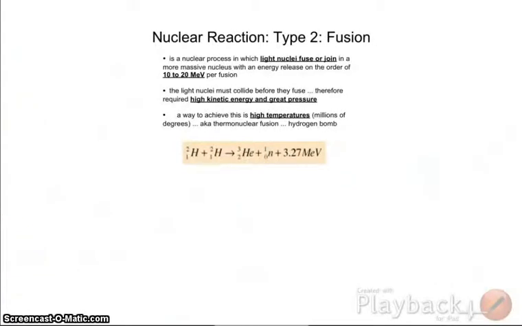Another type of nuclear reaction is fusion. Fusion is what happens on the sun. And I always remember fusion, sun. They both have U as their second letter.